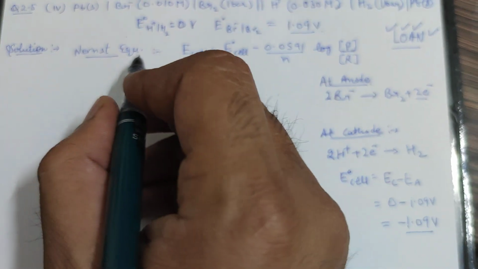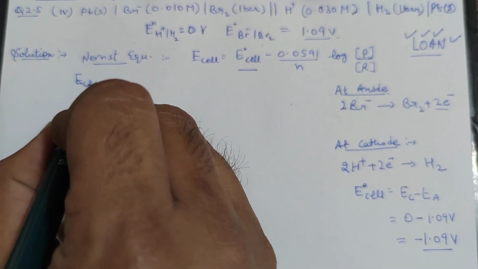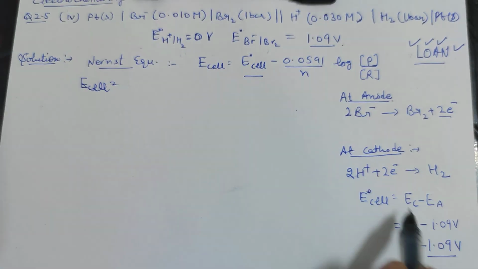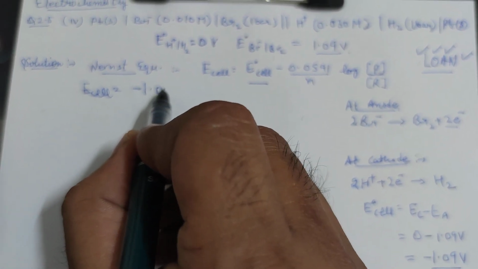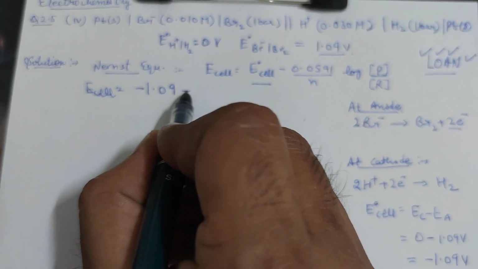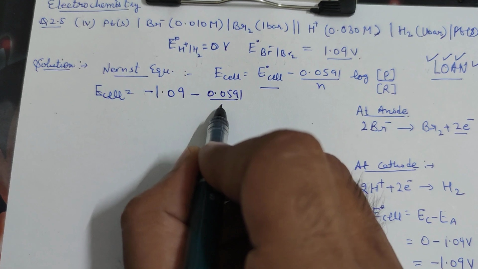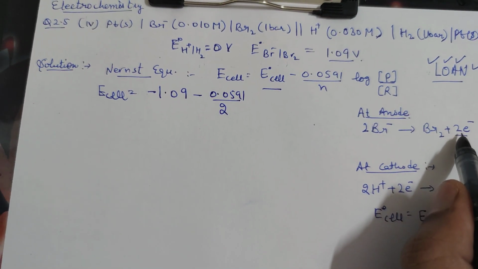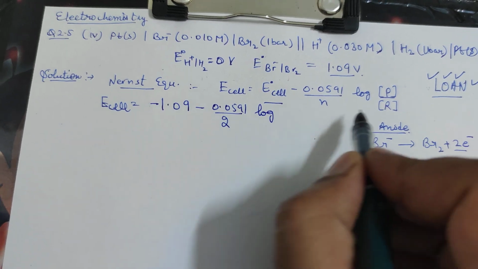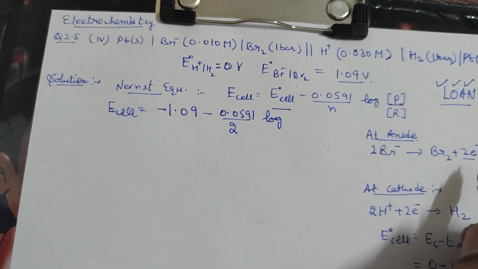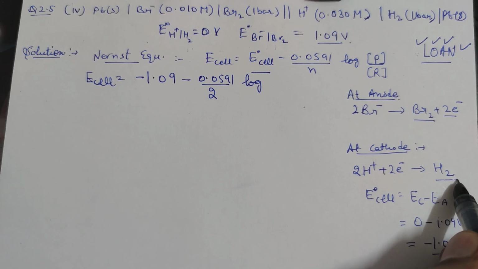So let's fill these values here. E cell is equal to E0 cell, which is minus 1.09, minus 0.0591, and the value of n is 2, the number of electrons exchanged during the reaction. After that we have log of concentration of product. At the product side we have bromine gas, and at the cathode we have hydrogen gas.